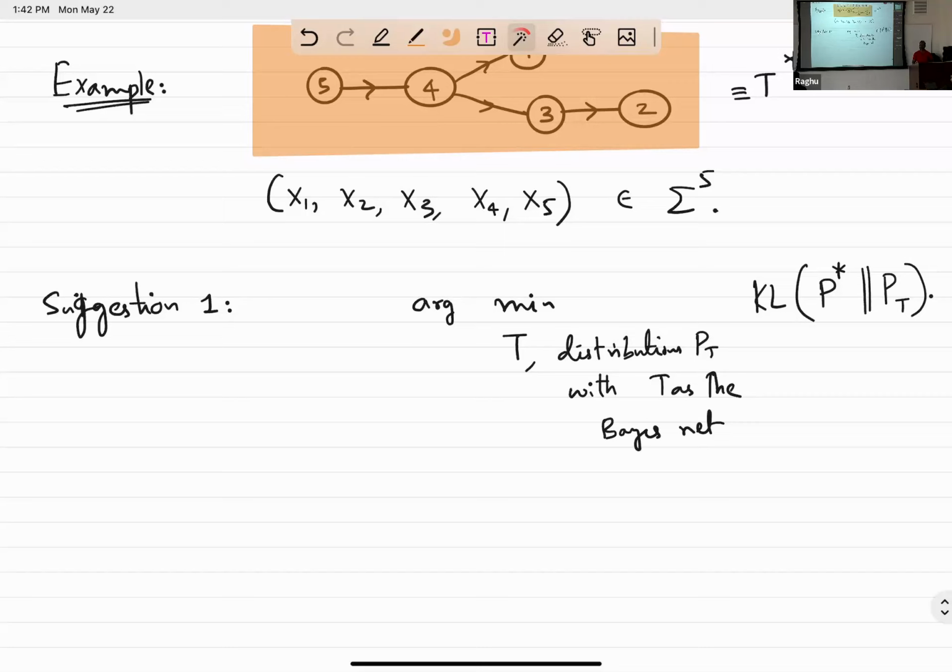Okay, so let's maybe break it up into two pieces. The support could be everything, right? For every conditioning, support could be everything.